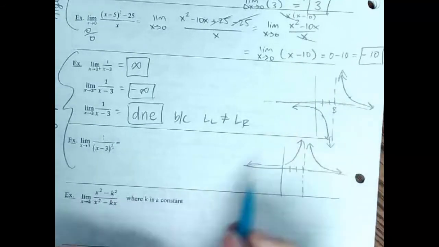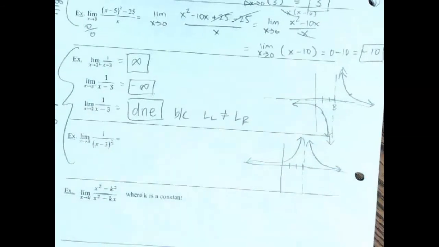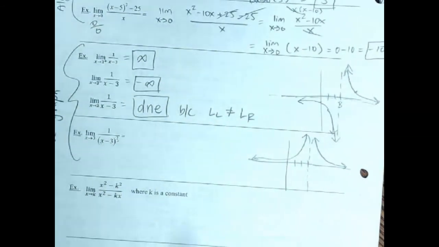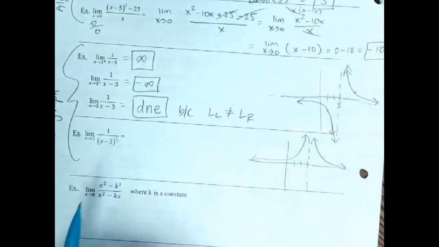So here, since the asymptote is squared, actually both sides are going to end up going up, right? When the asymptote was repeated once, or if it had a multiplicity of 3 or 7 or any odd number, one side would go up, the other side would go down. But if the asymptote has an even multiplicity, both sides are either going to go up or they'll go down, just based on the signs for the rest of the question.